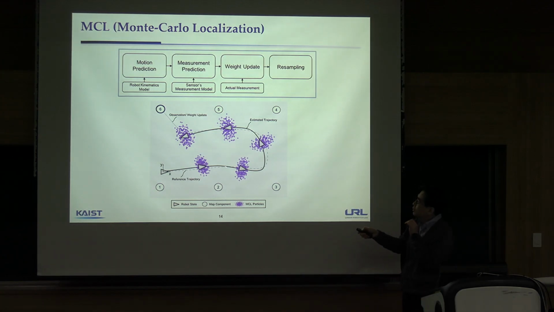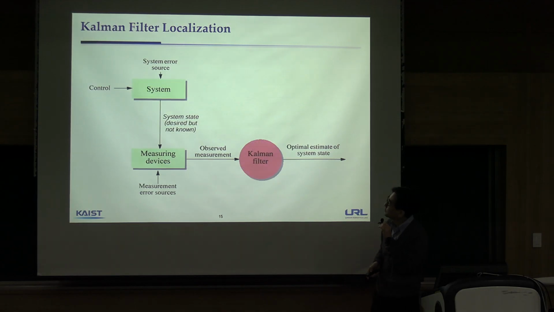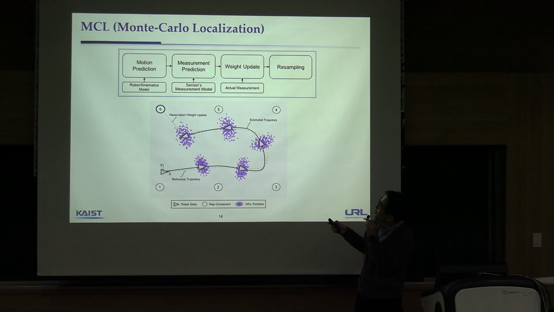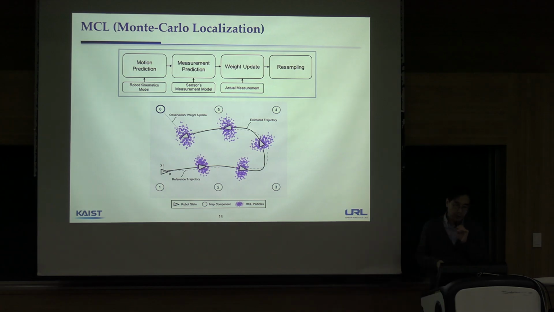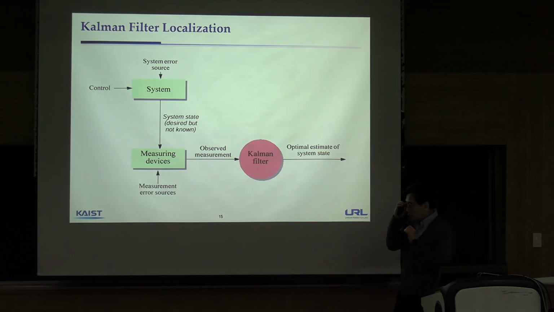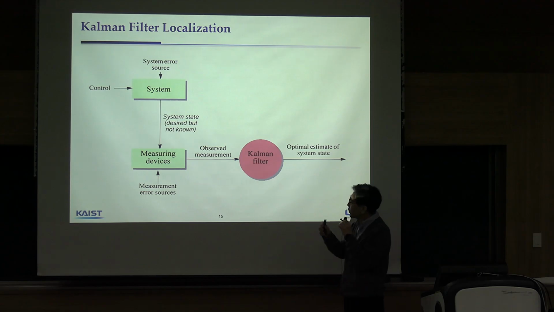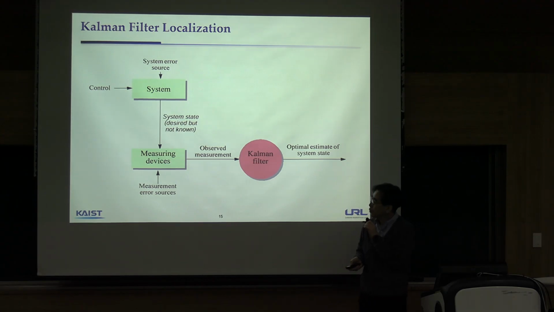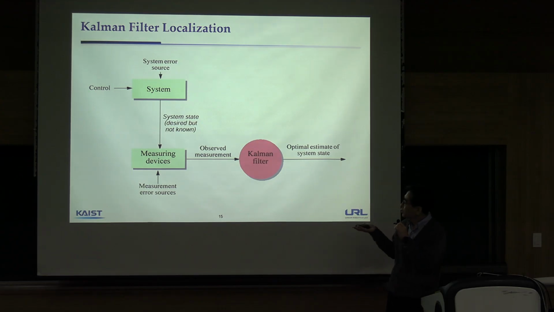Then as time goes on, we will have more and more good particles. This is also called particle-based localization or Monte Carlo localization, in short MCL. And the previous fusion-based method is called Kalman filter-based localization. We introduced the Kalman filter to obtain more refined results as time goes on.